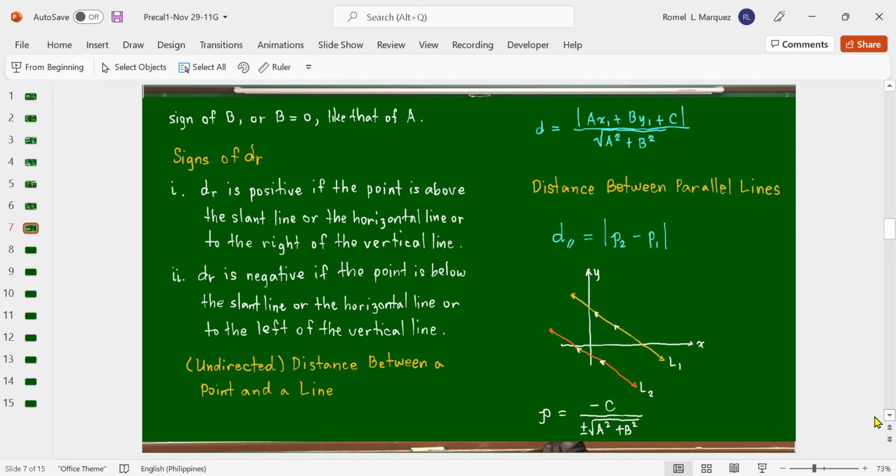Okay, so let's have problems. Find the directed distance. By the way, if sign is considered, always the word directed will be mentioned. If there is no word directed, it means the positive distance, the actual distance.